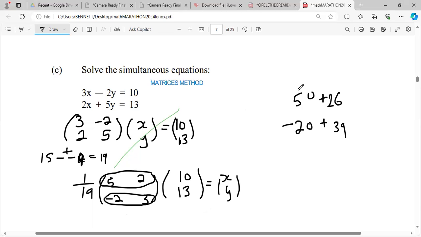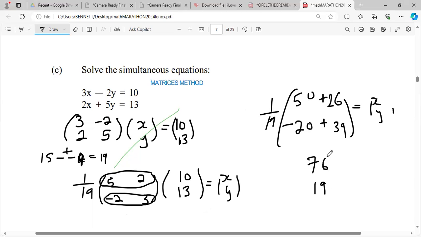From there, I think you can start to see the answer shaping out already. So 50 plus that, 76. Negative 20 plus that, positive 19, right? Because remember, the signs are different, so we subtract. And of course, to get x, we're going to divide 76 by the 19, and 19 by 19 also.